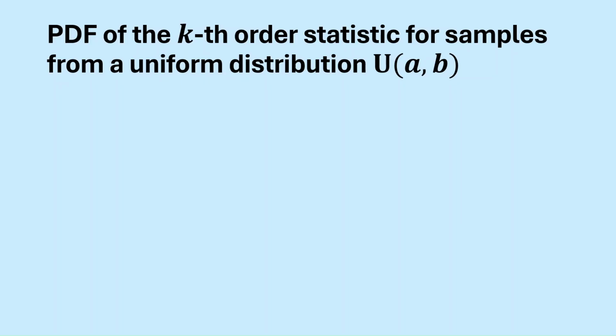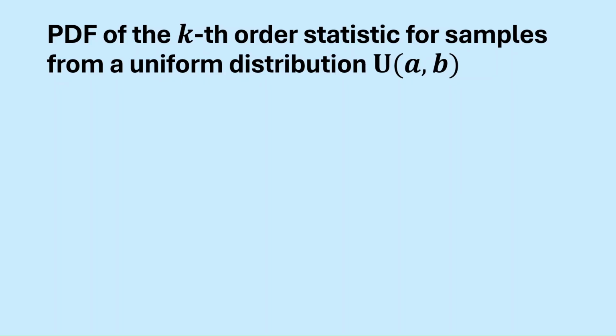Now, in our case, we obtain measurements from a uniform distribution. The PDF of the uniform distribution has three parts: for when x is less than a, for when x is between a and b, and for when x is greater than b. Therefore, the PDF of the associated kth order statistic will also depend on these intervals.